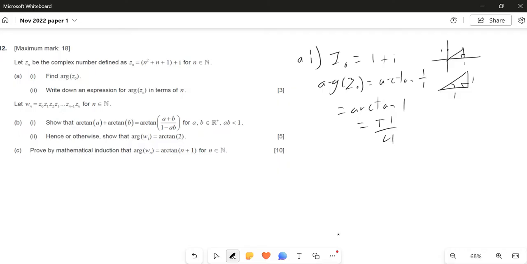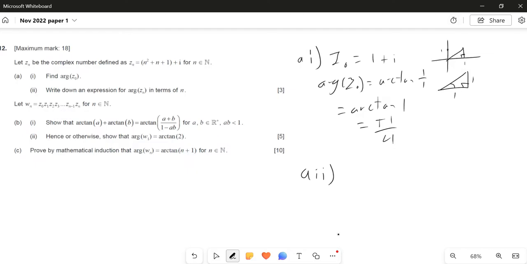And write down an expression for arg z_n in terms of n. Because n squared plus n plus 1 is always going to be positive, we'll at least know it's going to be in the positive area.